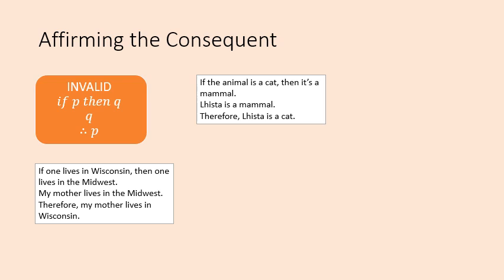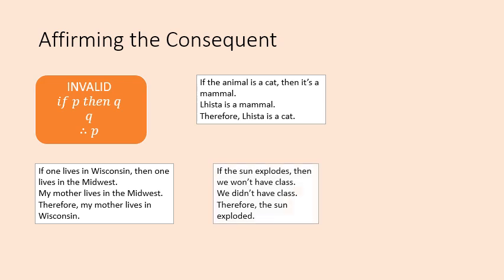So again, an invalid form. And just one more example to round things out here. If the sun explodes, then we won't have class. We didn't have class, therefore the sun exploded. Very easy for us to not have class without the sun exploding. So true premises and a false conclusion.